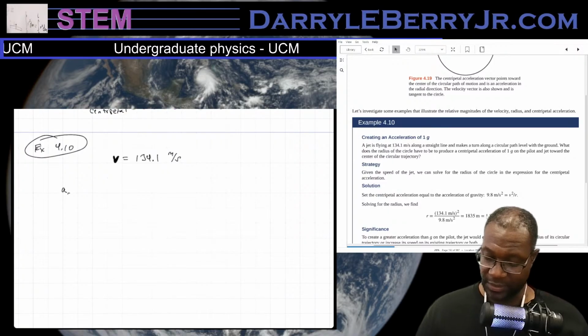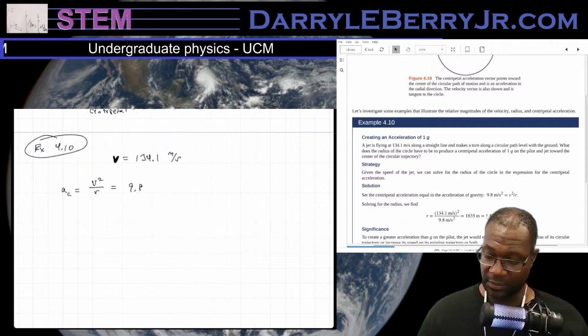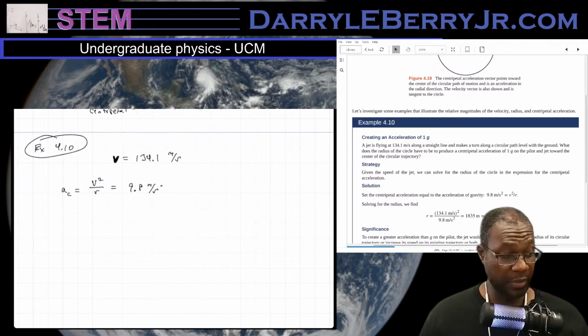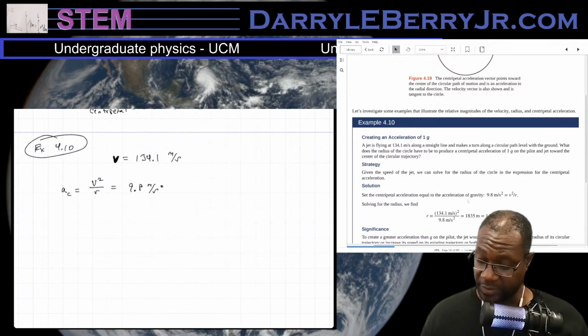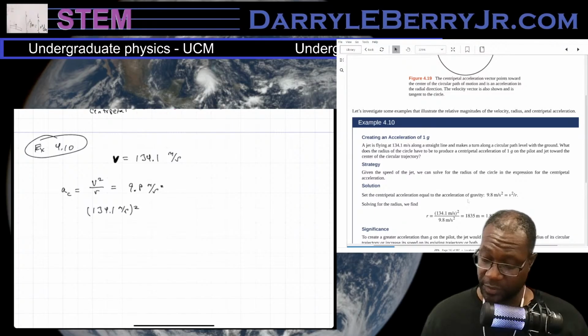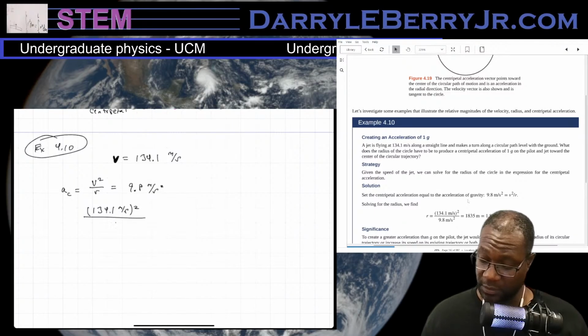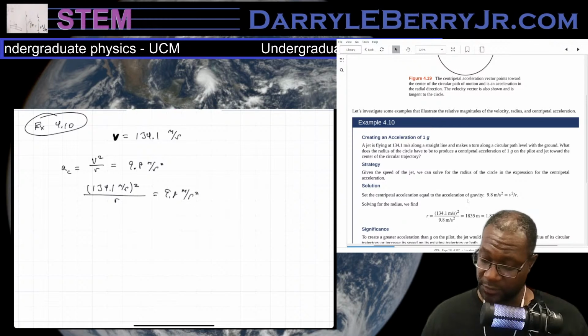So we have a_c equals v squared over r equals 9.8 meters per second squared. So now we have 134.1 meters per second, squared, over r equals 9.8 meters per second squared.